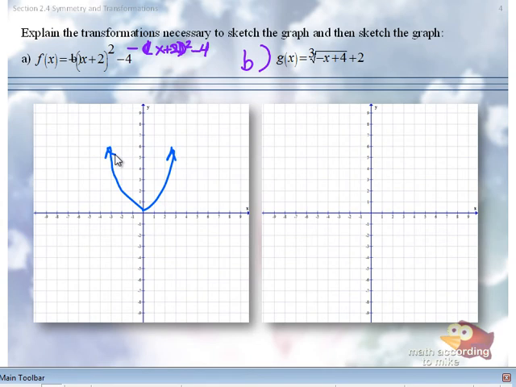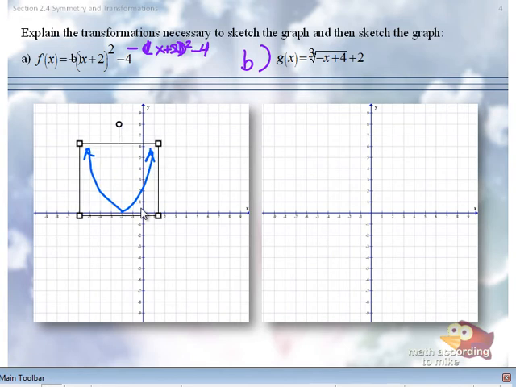Hopefully it looks better than that. Working inside out, what does the x plus 2 say to do? Shift left 2 units. So this is x plus 2 quantity squared.